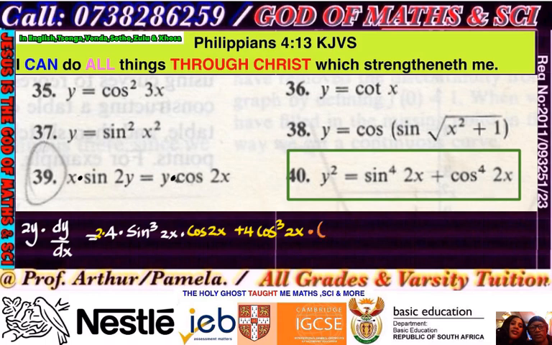That means I must switch the sign, use 2, then it becomes sine of the very same angle, 2x, close the parenthesis. Are we together, my friend? And then all you have to do, you're going to have to divide everything by 2y. Do you see that? Yeah. And then that's it.